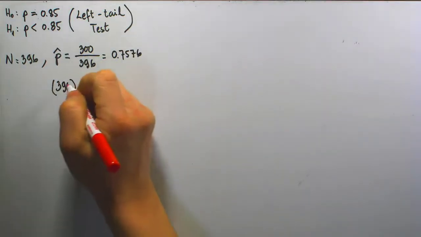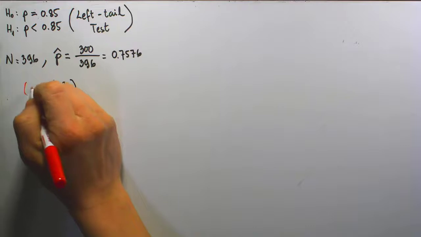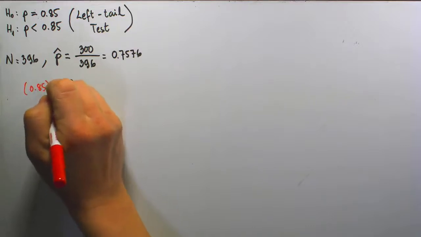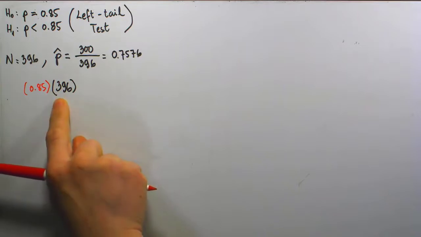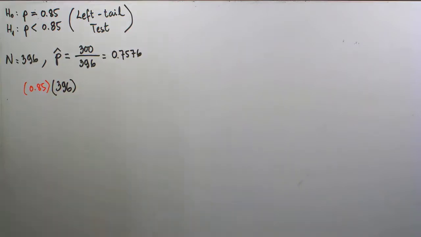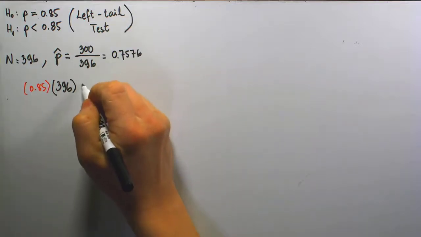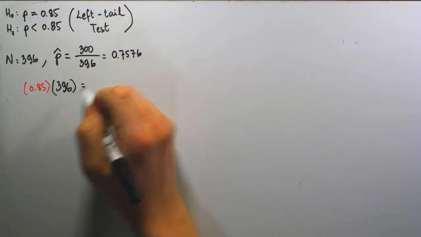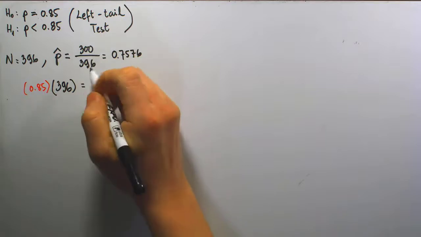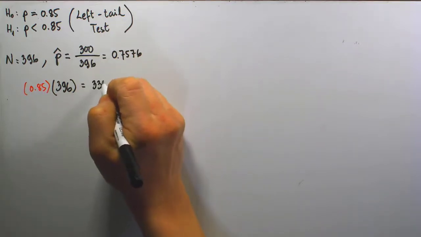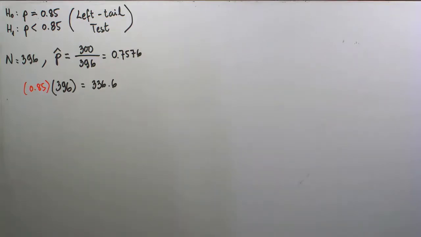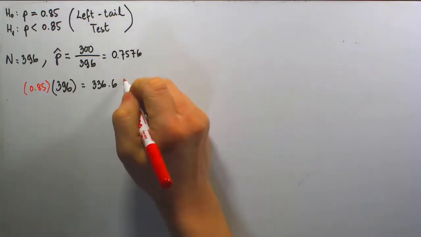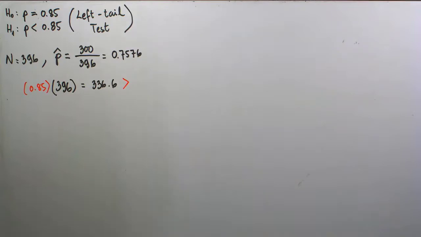So I am going to multiply 396 with 0.85. And we want this product to come out with a number that is greater than 10. My calculation came out for this product being 336.6, and it is a value that is greater than 10.